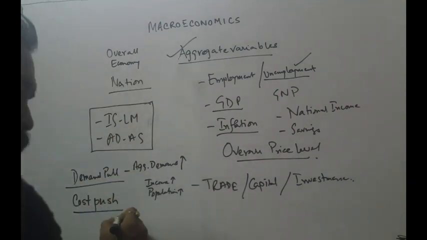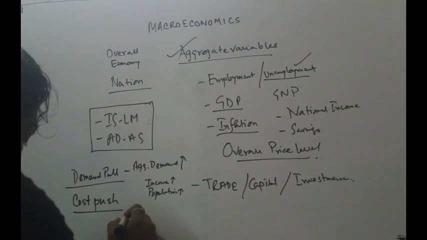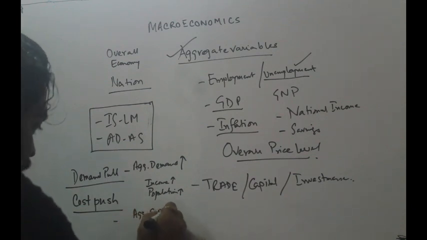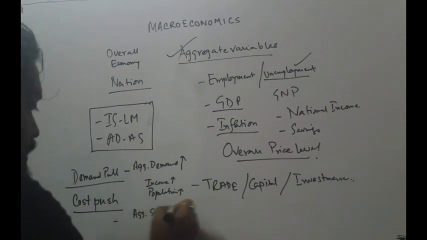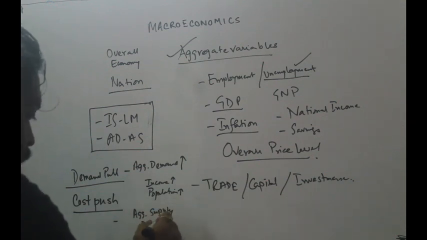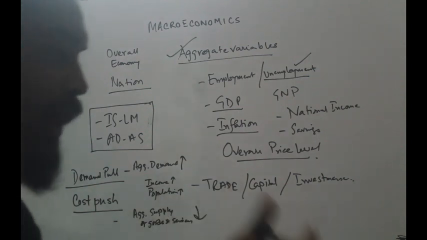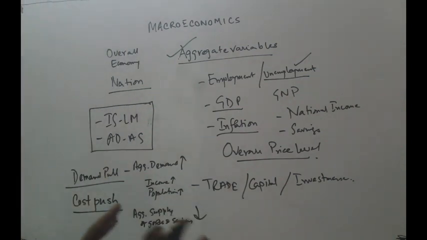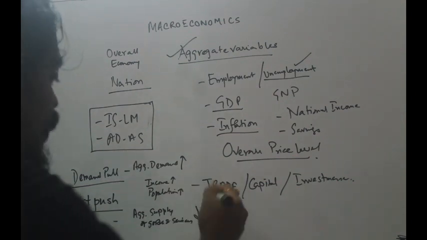The cost push inflation will be when the aggregate supply of goods and services will go down. Now, why will it go down? Suppose a firm is producing. Now, to produce something, what do you need? You need the raw materials.